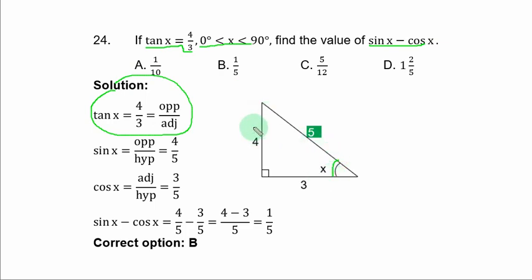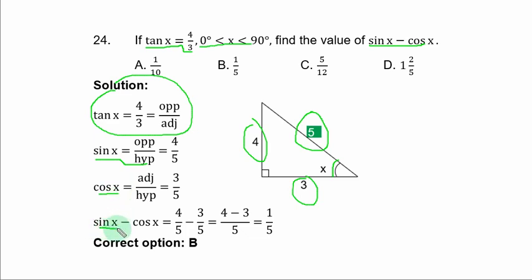So the opposite is 4, adjacent is 3. By Pythagoras rule, hypotenuse is 5. So sine x is opposite over hypotenuse, that is 4 over 5. Cos x, adjacent over hypotenuse, that is 3 over 5.